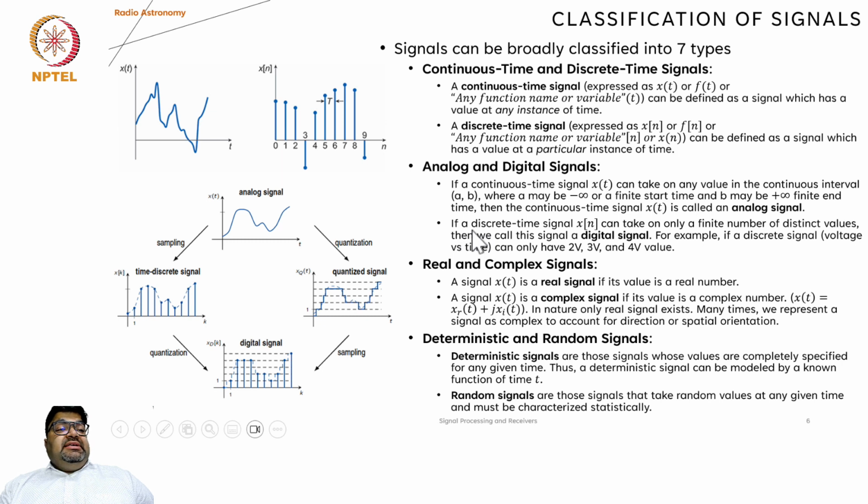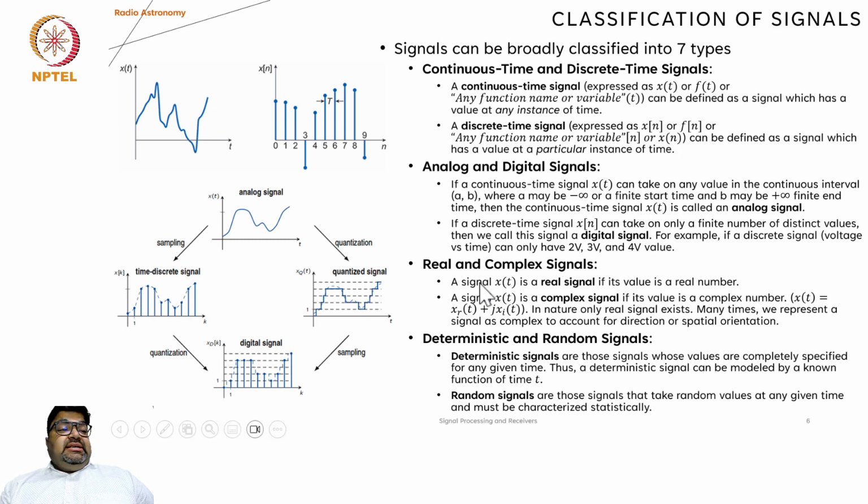On the other hand, if a discrete time signal x(n) can take on only a finite number of distinct values, then we call this signal a digital signal. For example, a discrete signal, voltage versus time, can only have 2 volt, 3 volt, 4 volt values and nothing else.